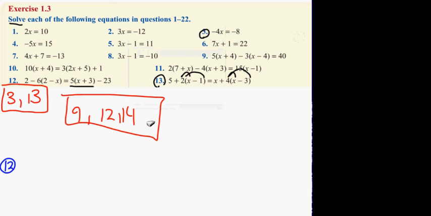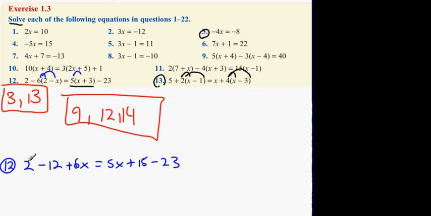Okay guys, so for question 12, first and foremost, you're going to leave the 2 where it is and multiply into 6, because multiplication comes before subtraction there. So minus 12 plus 6x, then you're going to have 5x plus 15 minus 23.